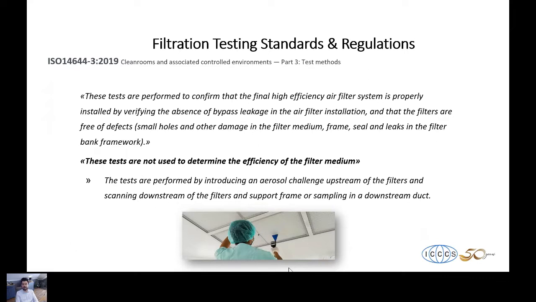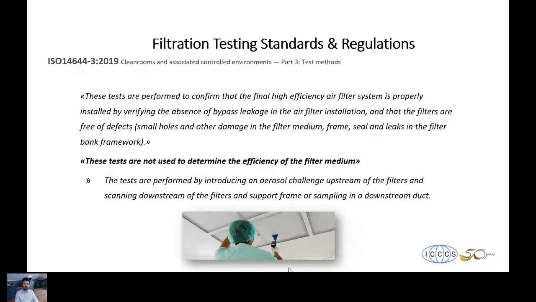ISO 14644-3, which is test methods for clean rooms and associated environments. These tests are performed to confirm that the final high-efficiency air filter system is properly installed by verifying the absence of bypass leakage in the air filter installation and that the filters are free of defects, small holes, or other damage in the filter medium, frame, or seal, and the leaks in the filter bank framework.